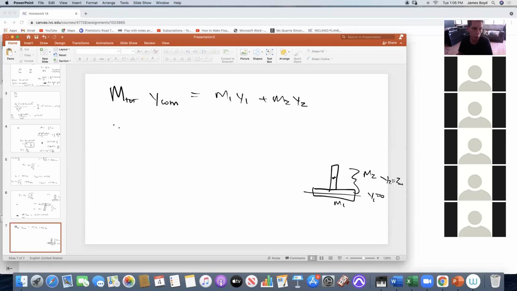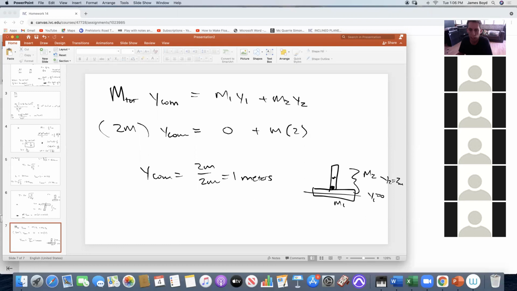So I get 2 times m, y center of mass is equal to m1 times 0 plus m2, which is little m times 2. Y center of mass is 2m over 2m, which is 1 meter. And this becomes the center of mass of the entire thing.